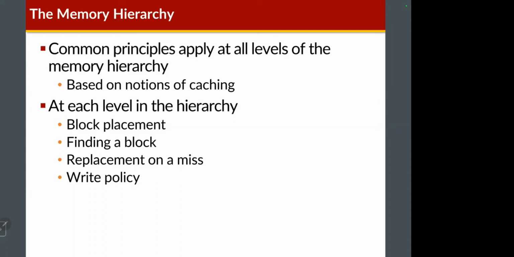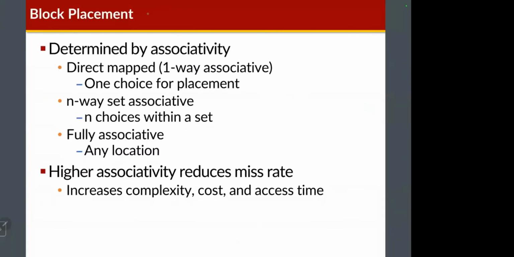Firstly, we can consider the block placement, which means that we can consider the direct map cache, the set associative cache, and the fully associative cache. We can say that the direct map cache, the set associative cache, and the fully associative cache can all be represented as the N-way set associative cache.